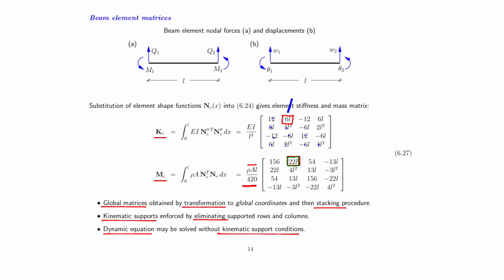The stiffness matrix is obtained by exactly the same integral as before for the simple beam element, and the same is the case for the mass matrix. Now the interpolation functions do not have 4 columns, but they have 6 columns.